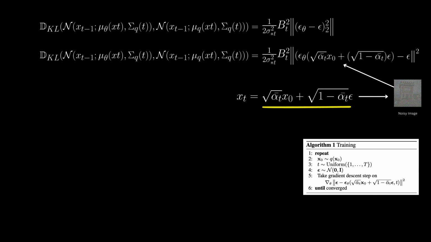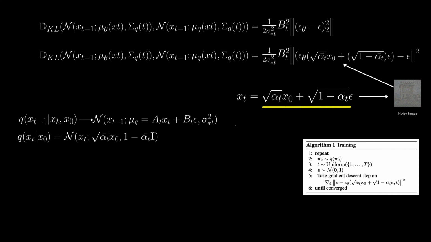So that means even though we have modified the ground truth denoising distribution to be different, as long as the mean formulation is still a linear combination of xt and noise, and q of xt given x0 remains the same, the optimization objective and training process also remains the same, which means the same trained model can be used, and the only thing that we'll have to change is the sampling process, where the update from xt to xt minus 1 will now be different, and will be according to these new coefficients at and bt.